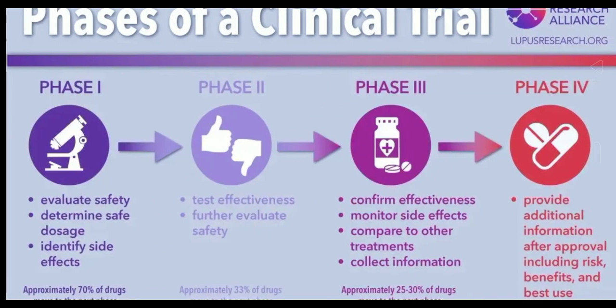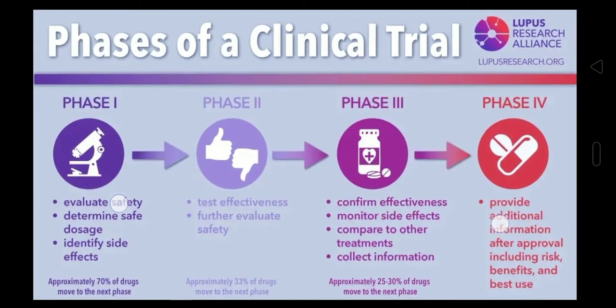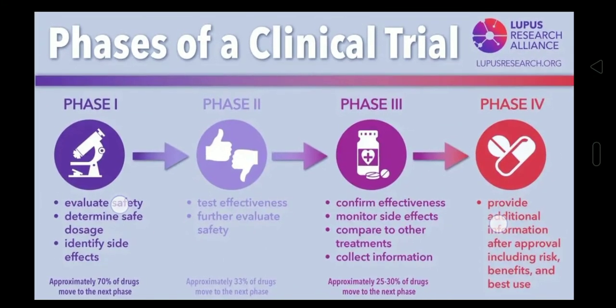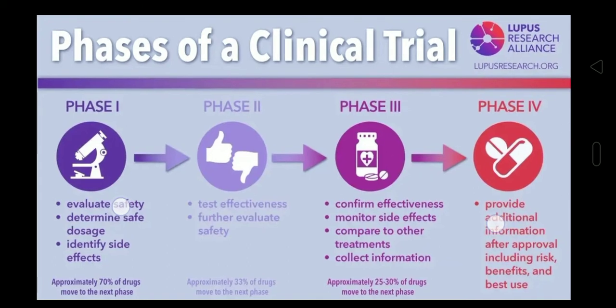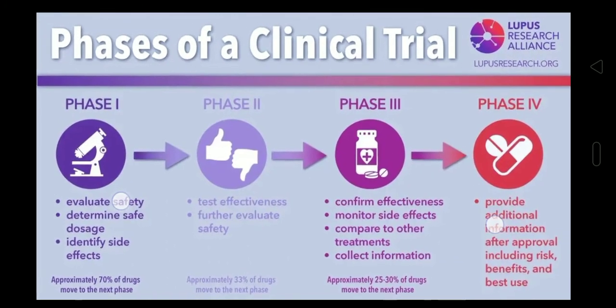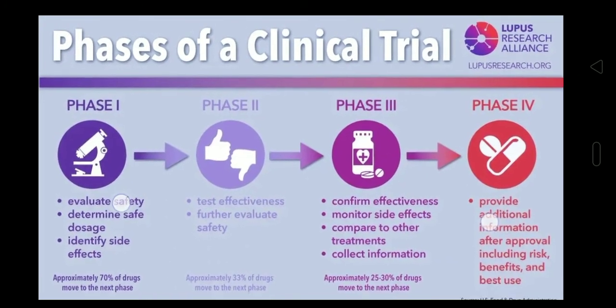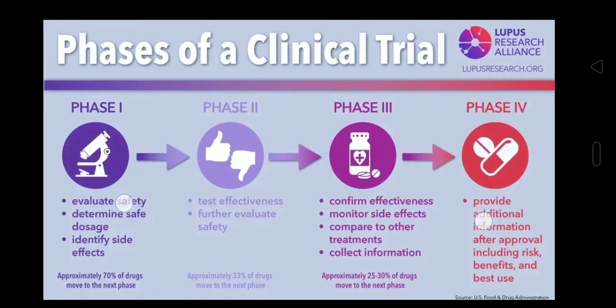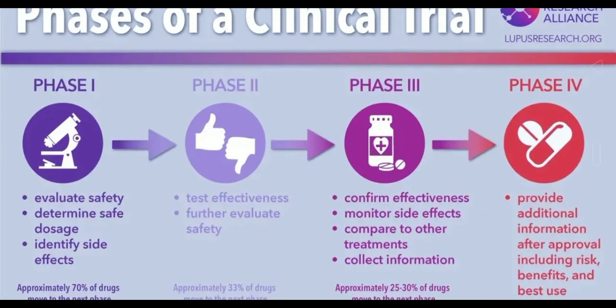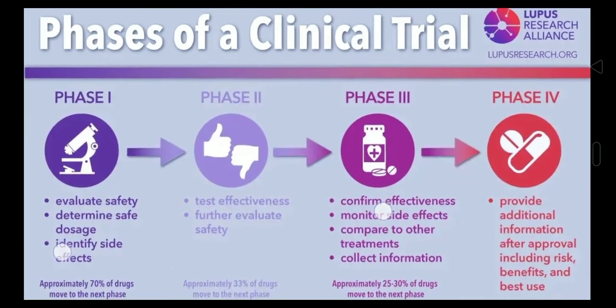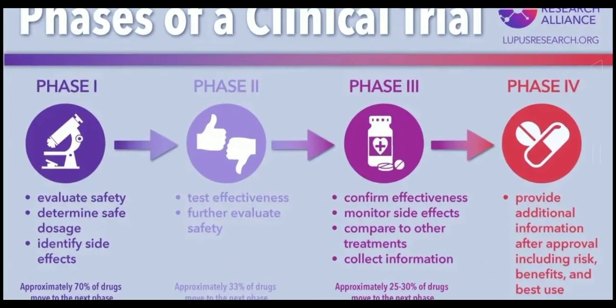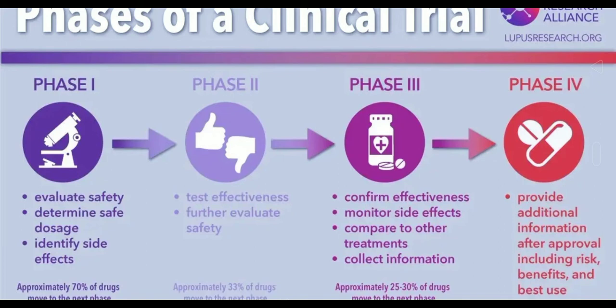Now let's move on. So now, once the vaccine is prepared, it has to pass some clinical trials, the phases of clinical trials, and there are four phases of clinical trials, and they are 1, 2, 3, and 4. In the first, we have to evaluate the safety of vaccines, determine safe doses, identify side effects.